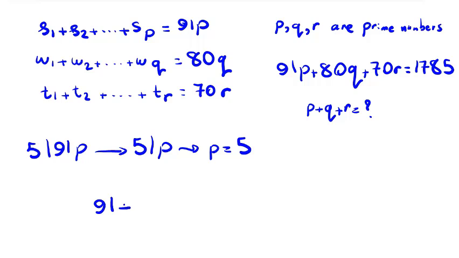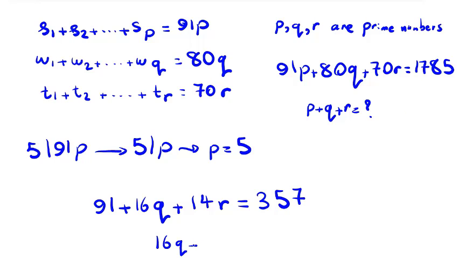It will be 91 plus 16Q plus 14R equals 357. So we can conclude 16Q plus 14R equals 357 minus 91, which is 266. Now we can divide both sides by 2: 8Q plus 7R equals 133.